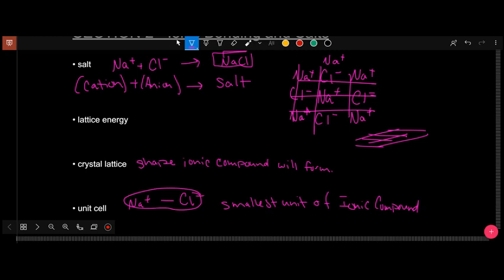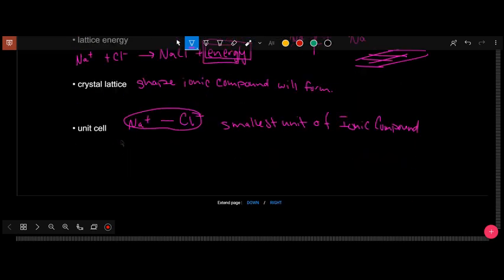So essentially, if you have your sodium and you're going to get that chloride and put it together and you're going to form sodium chloride, it's going to release something called lattice energy. This energy that's being released would be the energy, and that's how that lattice structure is being formed.